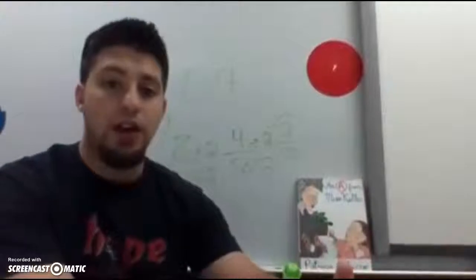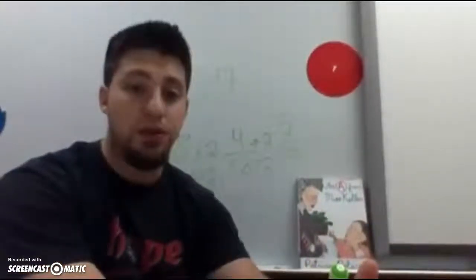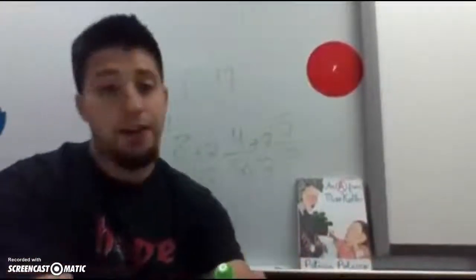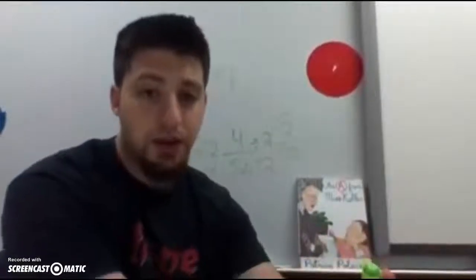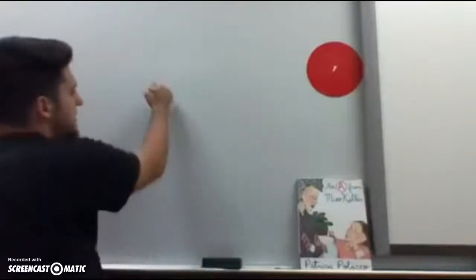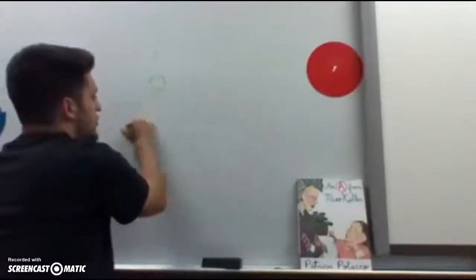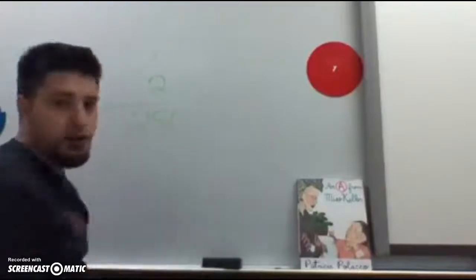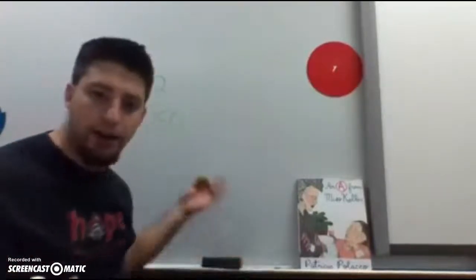Okay, so now we can convert from decimals to fractions and fractions to decimals. Now, let's say I've got 2/250ths. You're like, man, I don't know how to do that one.